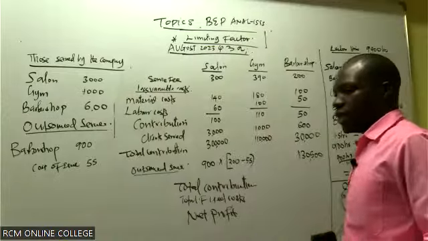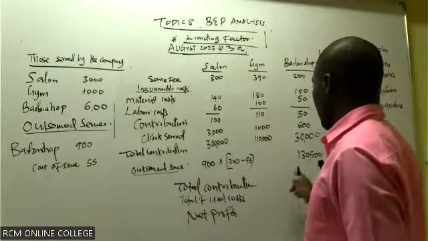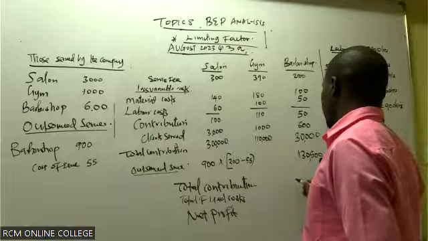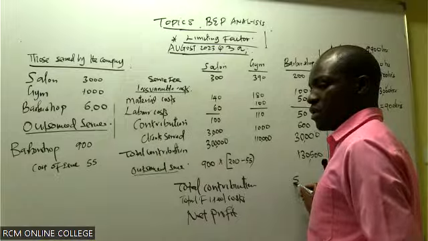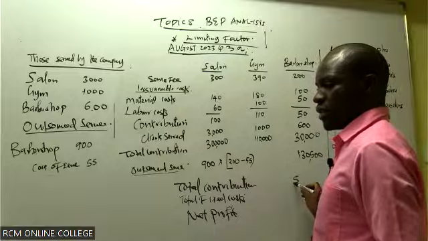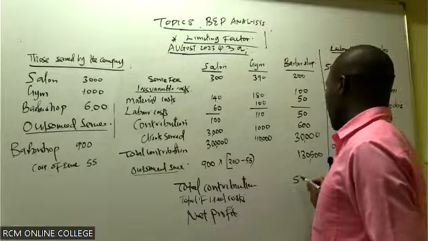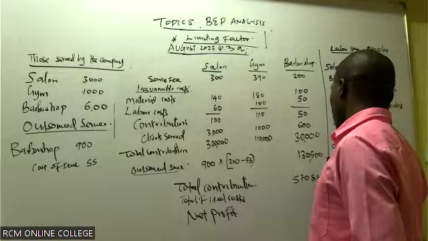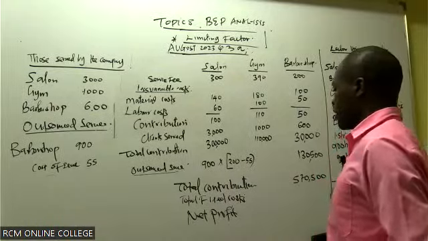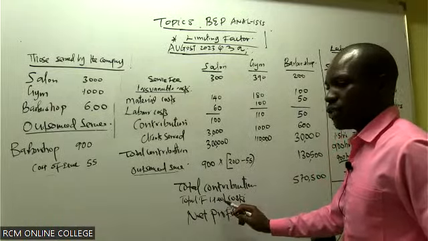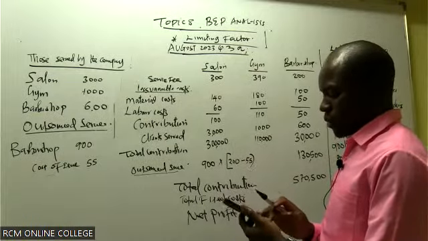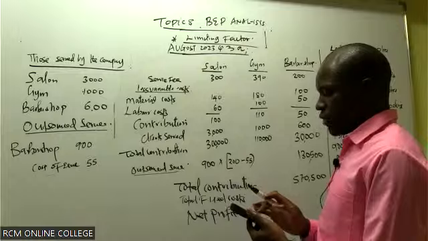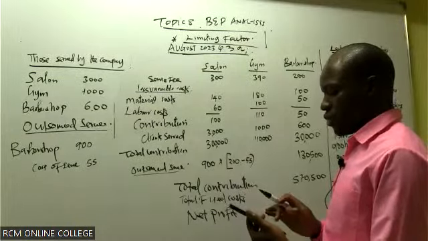So tukiongeza kila kitu, hapa tulikuwa na ngapi? Hapa tulikuwa na 570,500. 570,500 less total fixed cost. Our total fixed cost as per the question. Tunaweza kumbuka?